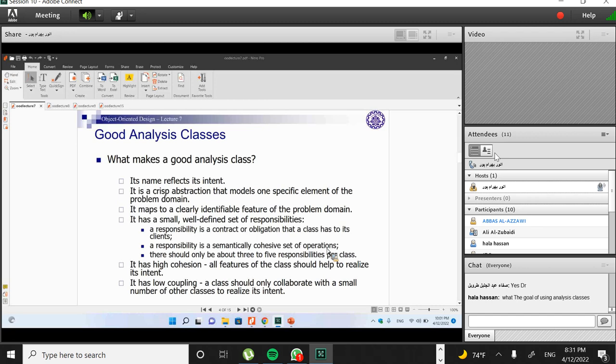Each responsibility may be provided by several operations, several related, interrelated or dependent operations. There should only be about 3 to 5 responsibilities per class. I talked about this. Our class should not have more responsibilities. It should have about 3 to 5 responsibilities.